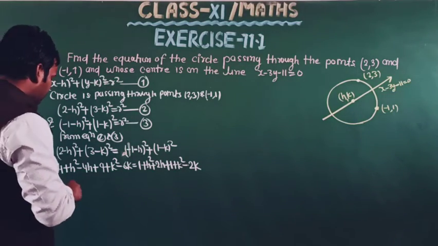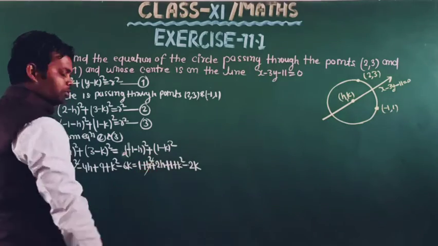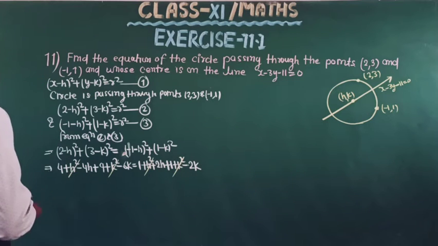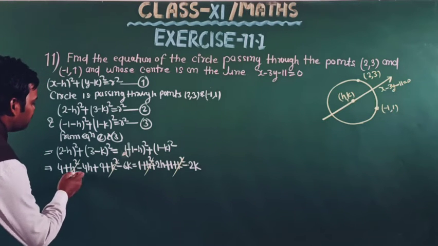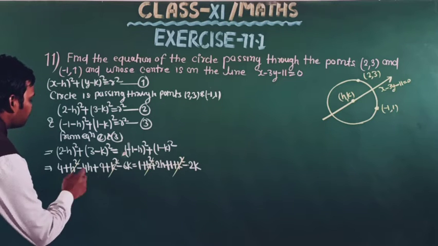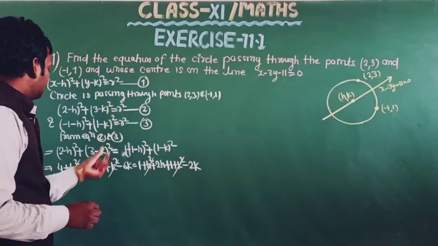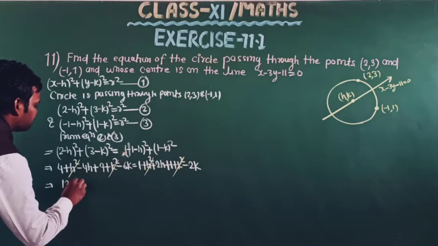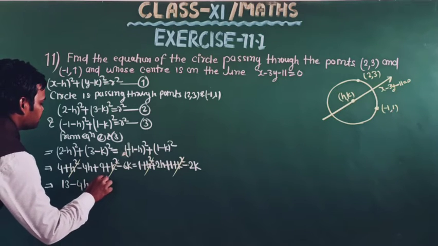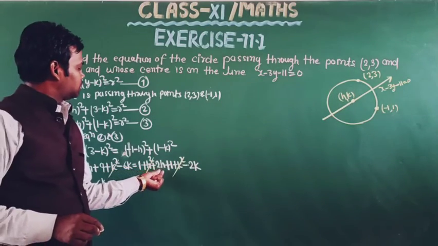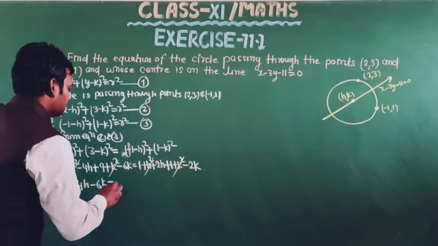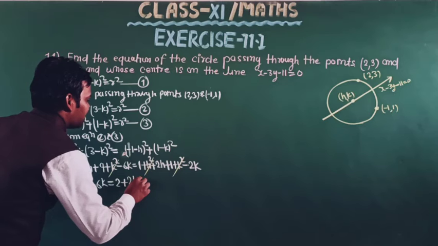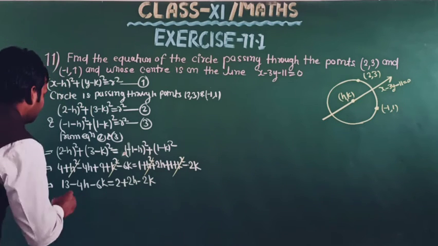Okay, so we can cancel h square and k square from both sides, and what remains is 13 minus 4h minus 6k equal to 2 plus 2h minus 2k.